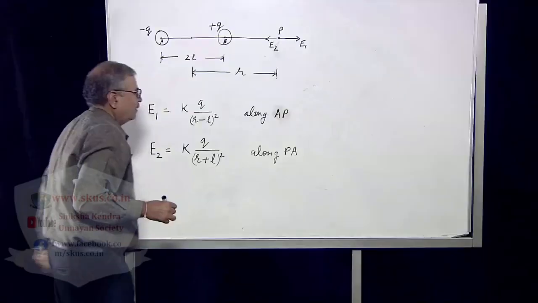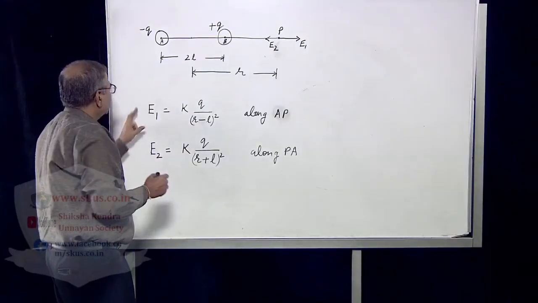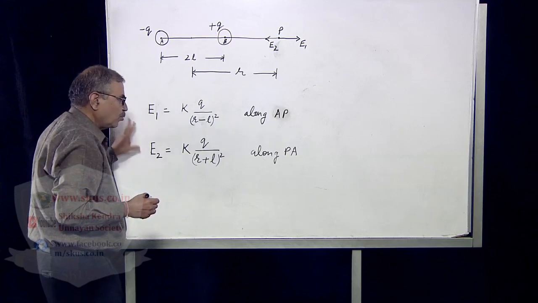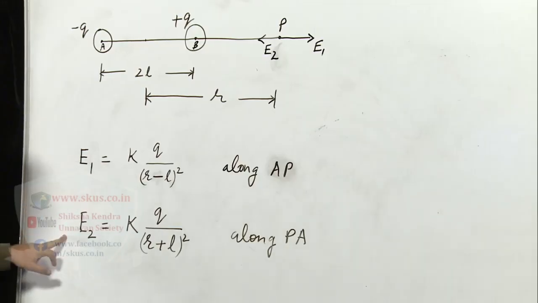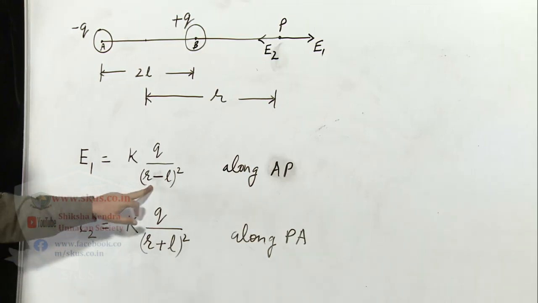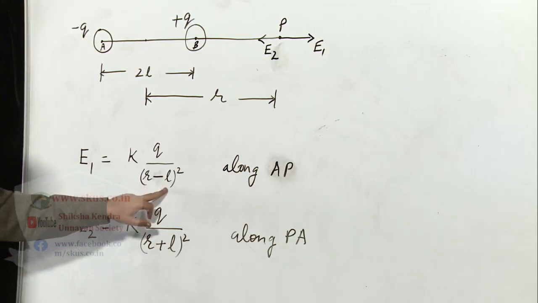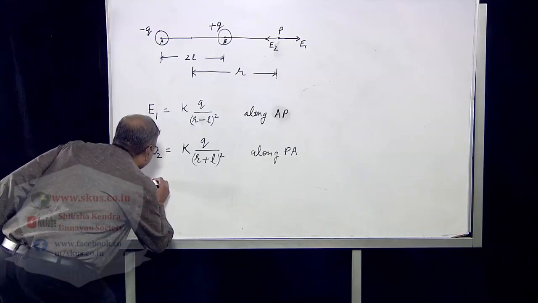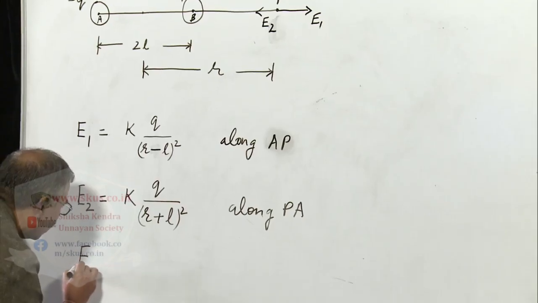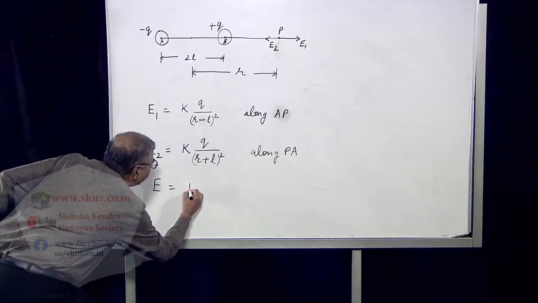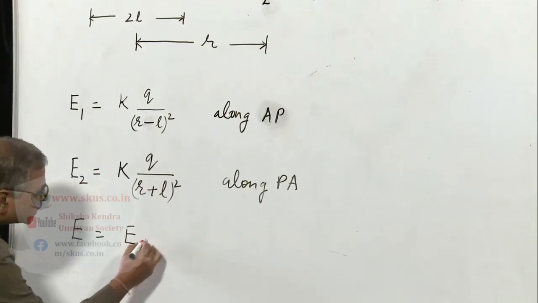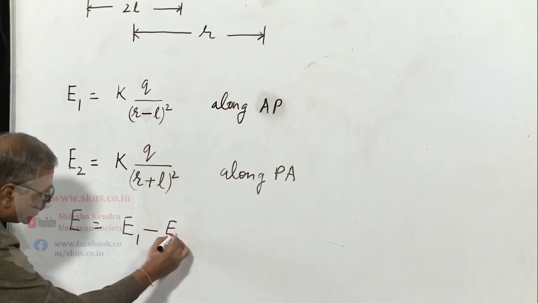Now, from the scrutiny of these two relations, E1 and E2, we see that E1 is more and E2 is less, because the denominator here is R minus L whole square. So, the net electric field at point P will be E, and E is equal to E1 minus E2.